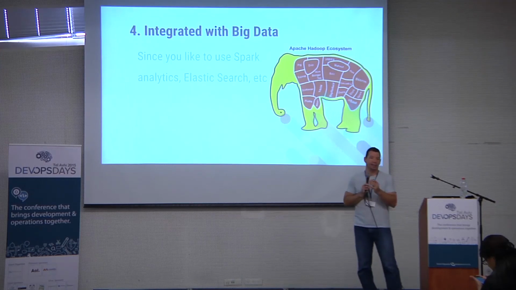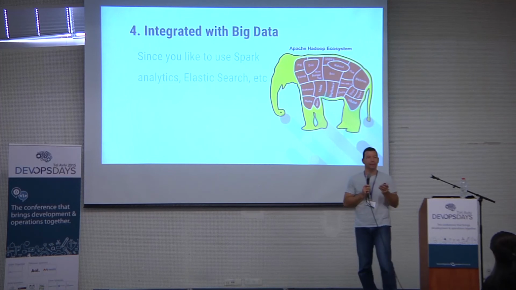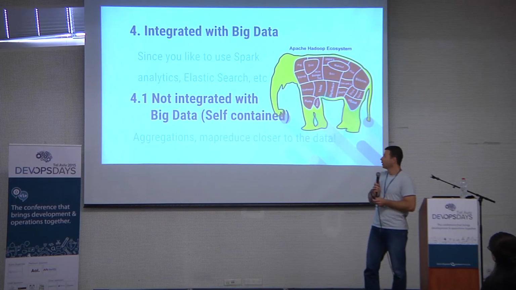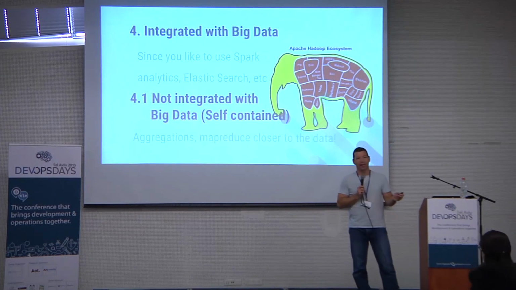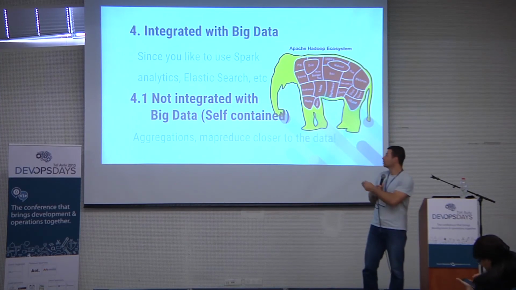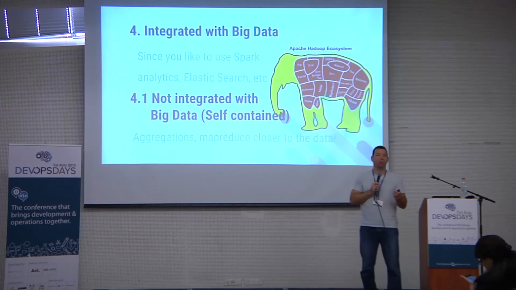Well, that's the basics, that your database needs to be integrated with Hadoop and Spark and good tools for analytics. But it also shouldn't need to be. The idea is that your database should be self-contained. All of these tools are great, but what if your database can do most of the work for you?